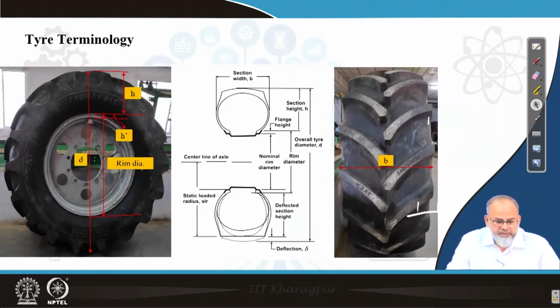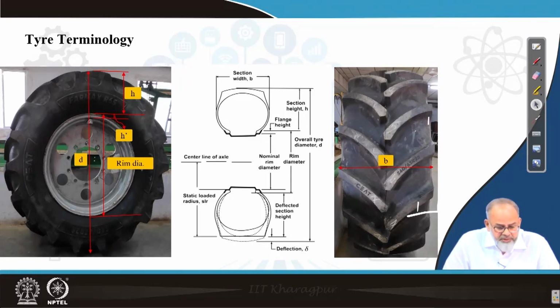Now after knowing in detail about the constructional features, the next thing is what are the different terminologies associated with a tyre, whether it is a bias ply tyre, a belted tyre, or a bias belted tyre. The terminologies remain the same in the sense it has a section width, a section height, and an overall diameter.